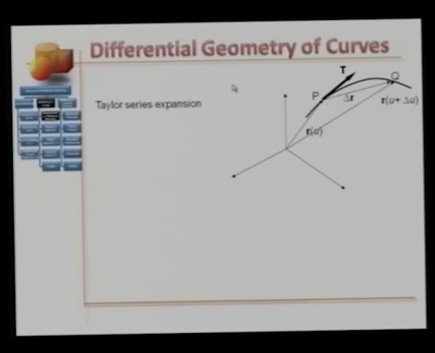We can use the Taylor series expansion and express the position vector of Q, which is R of u plus delta u, as R(u) plus dr over du, the total derivative of R with respect to u, times delta u, plus 1 over 2 factorial d2r over du squared, the second derivative, times delta u squared, plus there would be higher order terms.